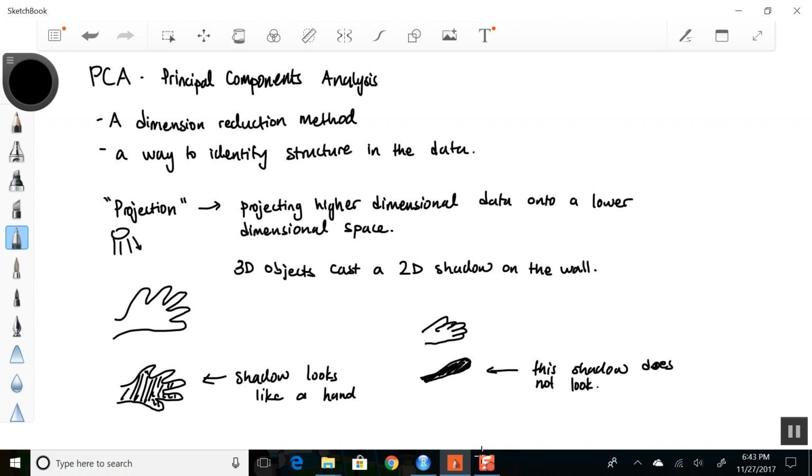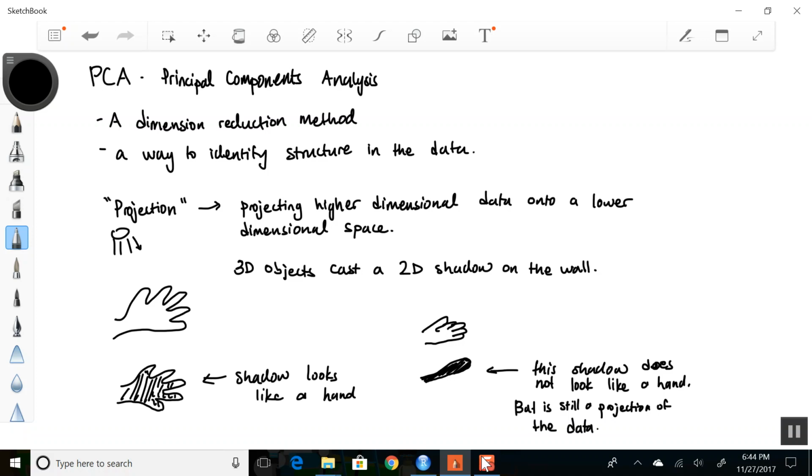But it's important to note that it is still a projection of the object, right? So we have a high dimensional object, and depending on how the light shines on it and how you are choosing to project the object, what you get to see in lower dimensions may or may not resemble the original data, right?